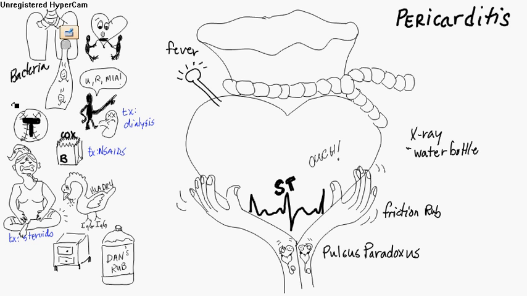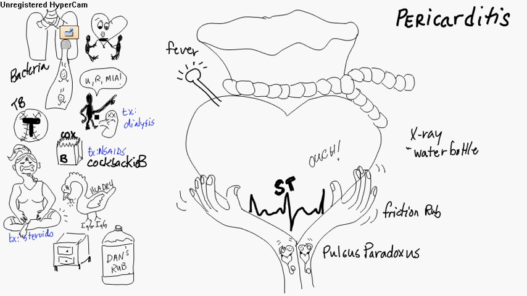You got TB is one, Coxsackie-B. Those can all cause pericarditis, and the treatment, if it's a virus, is NSAIDs.